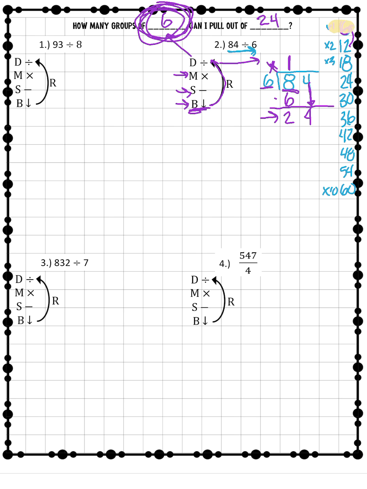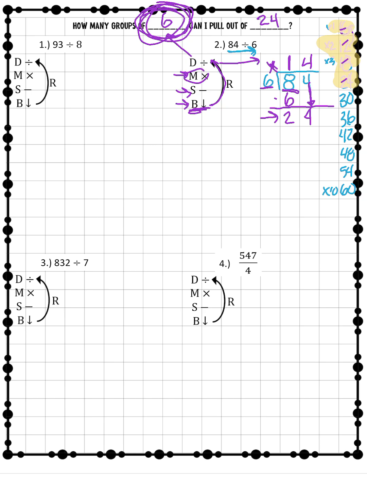There's 1 group. Ooh, 2 groups. 3 groups. 4 groups. And that 4 groups is actually 24, which works. So the answer to the dad question, how many groups of 6 can I pull out of 24, is 4. 1, 2, 3, 4 groups.